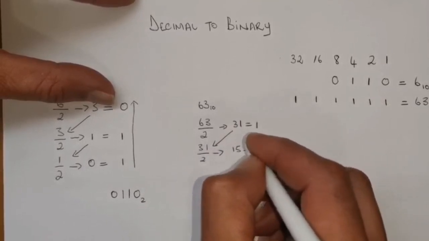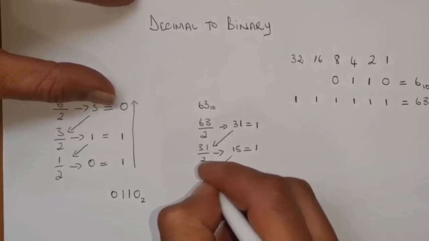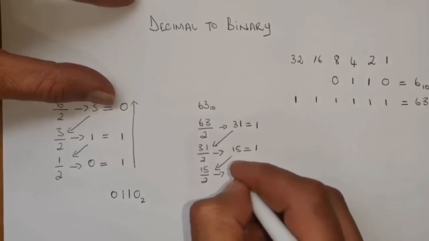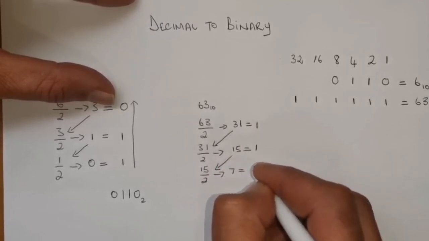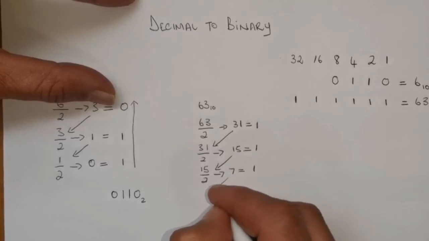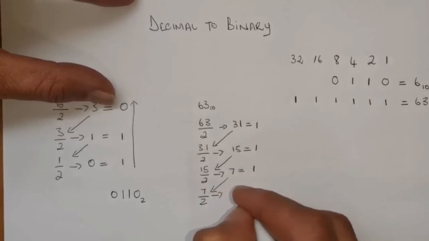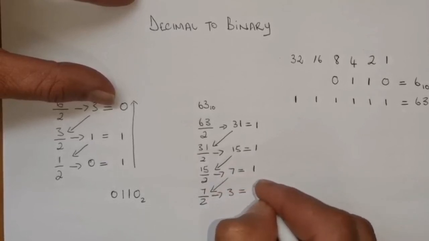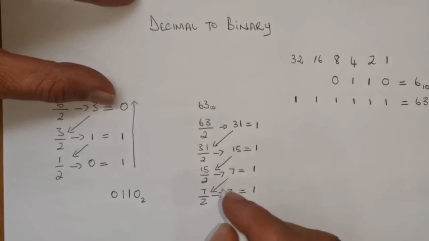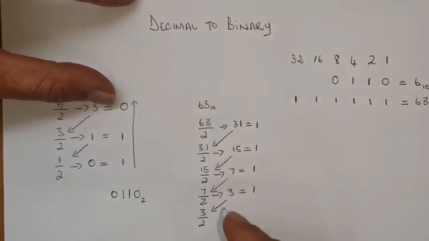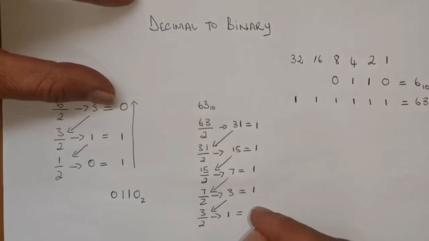I'm going to have 1 left. 2 goes into 15, 7 times, and I'm going to have 1 left. 2 goes into 7, 3 times, I'm going to have 1 left. 2 goes into 3 once, and I'm going to have 1 left.